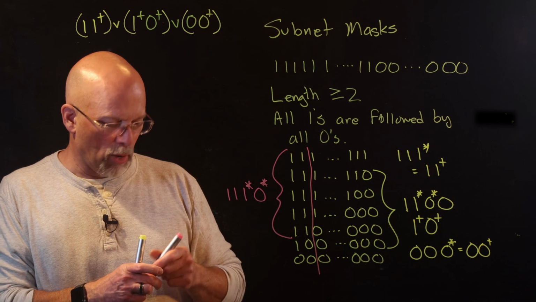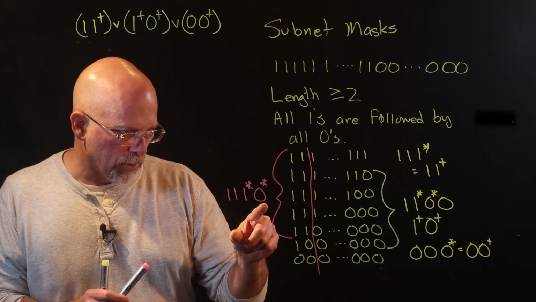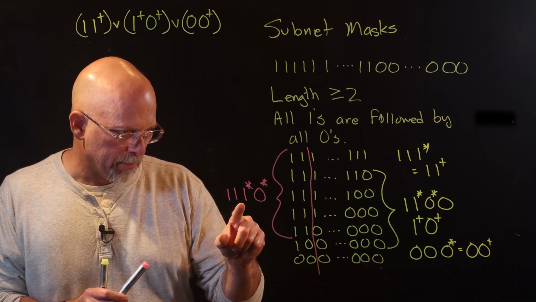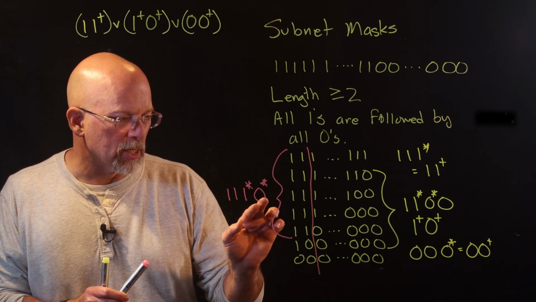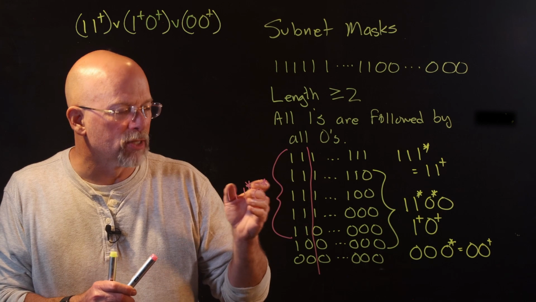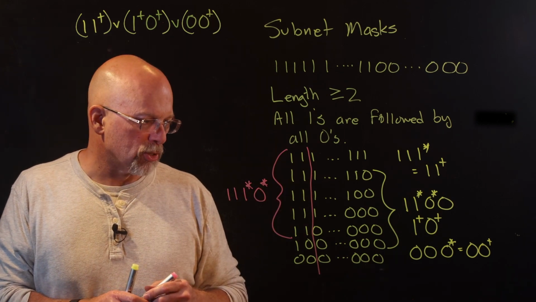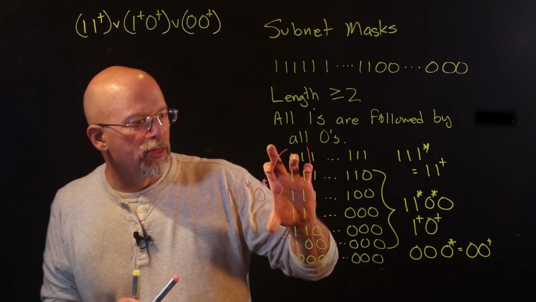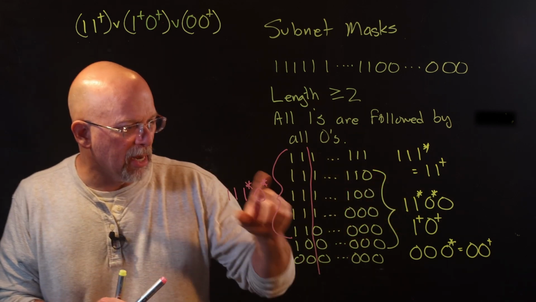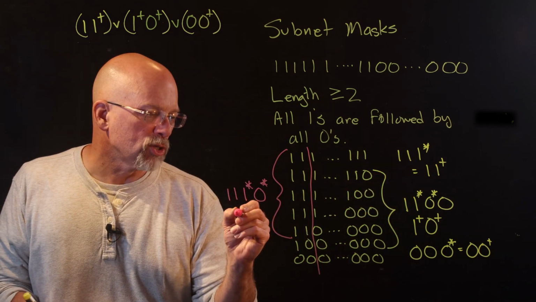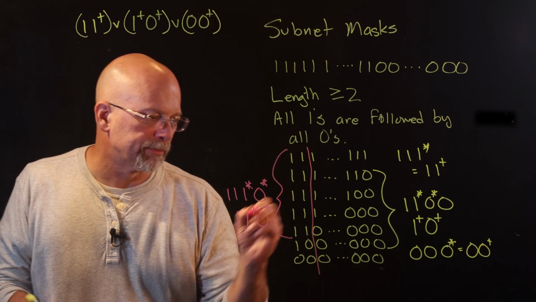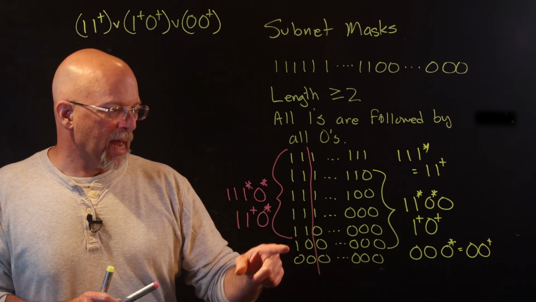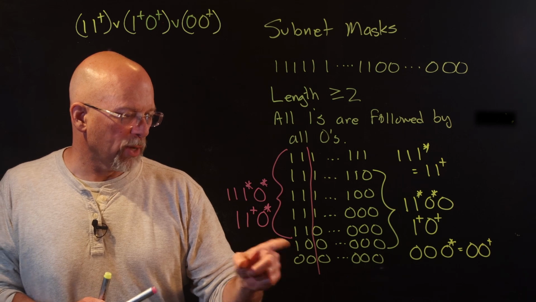So if we've got empty sets for both of these, it'll be just 1 1. If we have some number of 1s or zeros in each one of these sets, it'll be all 1s, then followed by a bunch of zeros. So these cases right here are defined by that expression, which could also, once again, be 1 1 dagger 0 star.